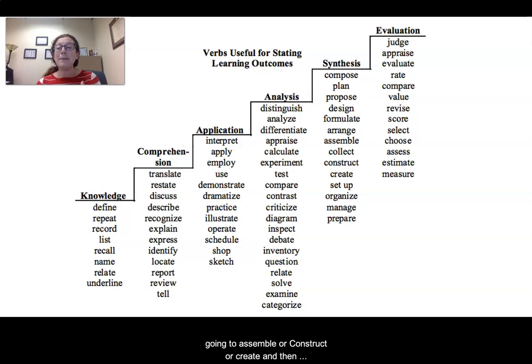They're going to assemble or construct or create, and then the highest is being able to evaluate. And a great way to evaluate is to do peer evaluation, but also you could give them other maps and have them evaluate the different things about that map and what makes a good map and what doesn't make a good map, which is a great exercise if you're doing that geography lesson.